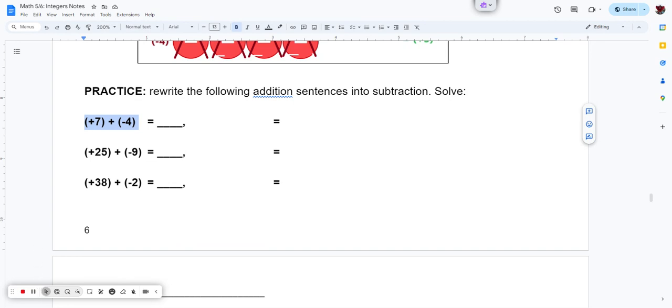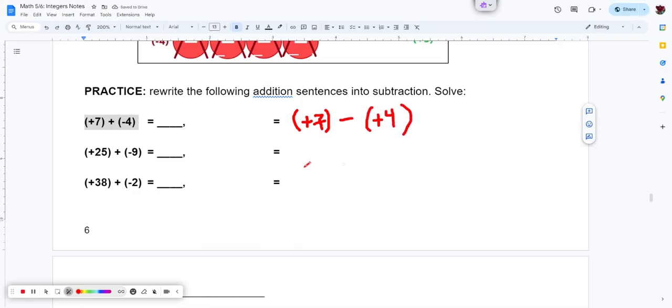Pause it. All right, welcome back. Hopefully you had enough time to get these done. If you didn't, that's okay. So let's see how this works. We're adding a negative. Well, let's turn that into subtracting a positive. So plus 7 will stay the same. So adding a negative will be subtracting a positive.